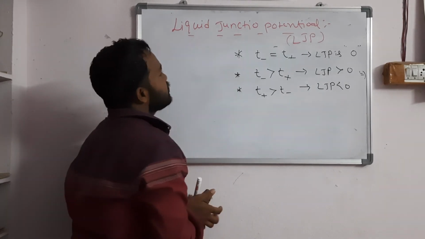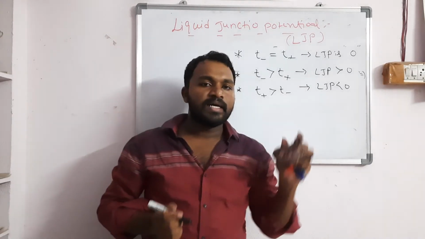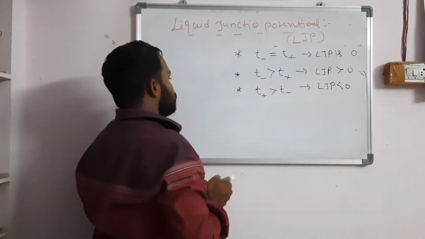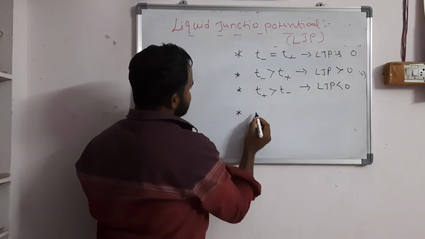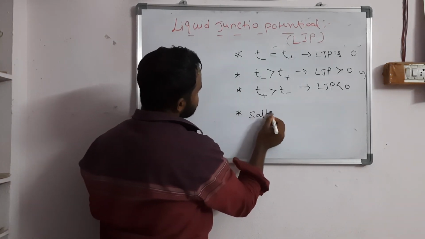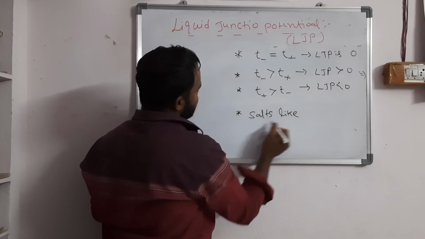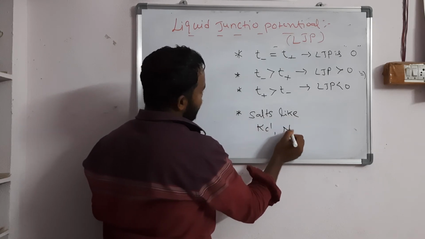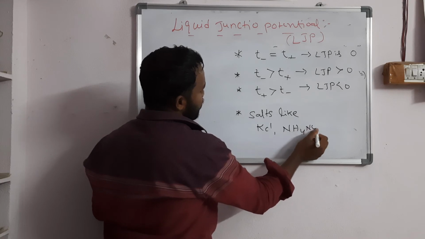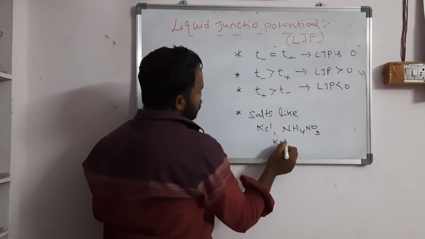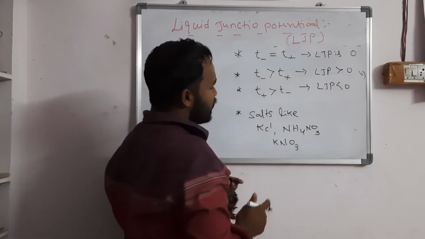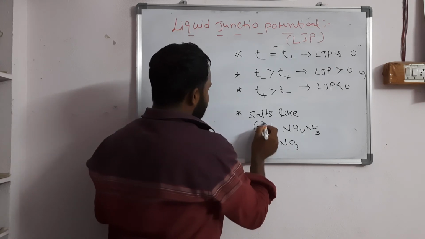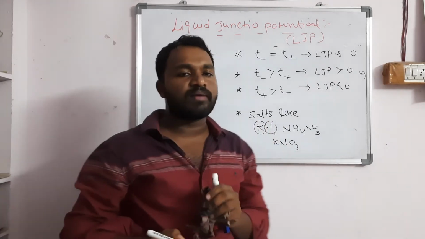So when is this LJP eliminated? In cases of salts like KCl, ammonium nitrate NH4NO3, and KNO3, agar-agar gel. In these salts, the transport number of cation is equal to the transport number of the anion.